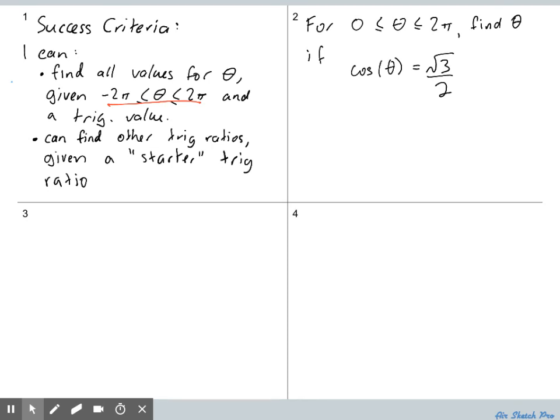Step 2, in which quadrants is cos theta positive? Step 3, use the reference angle to find the possible values for theta, the actual angle.